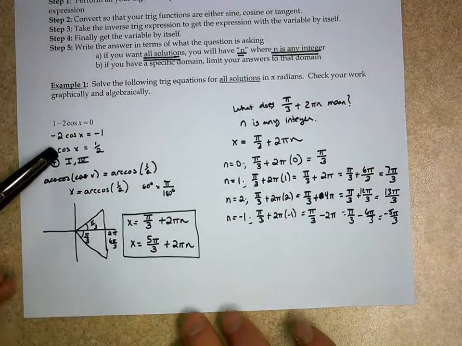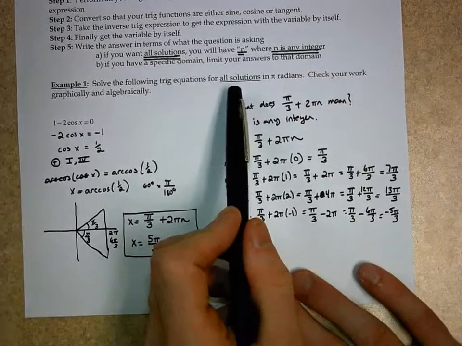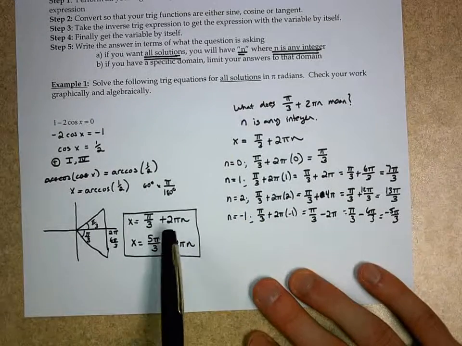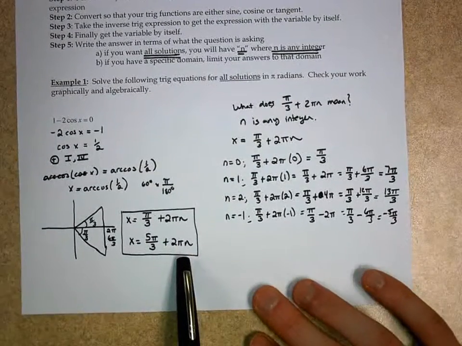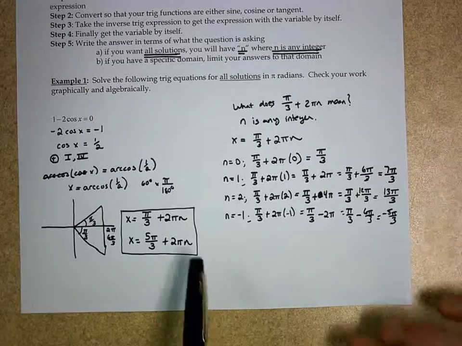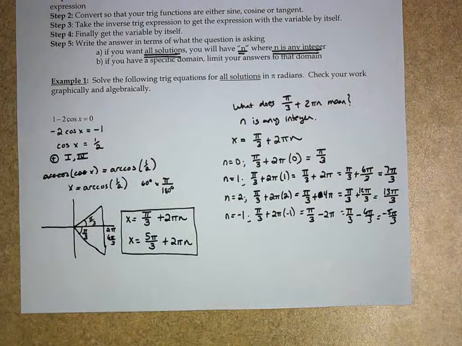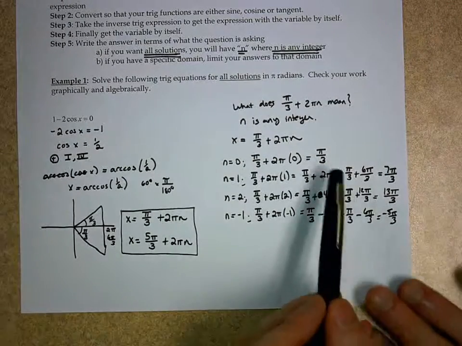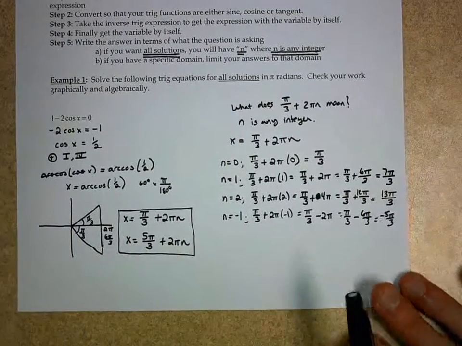So your thought process is the same as you had originally in the previous lesson, but since we're asking for all solutions, at the end we're going to plop this plus 2 pi n, which will represent all solutions. And what that means is if I were to plug in an integer 1, 2, 3, 4, 5, negative 1, negative 2, negative 3, negative 4, negative 5, all those answers that come out solve the original equation.